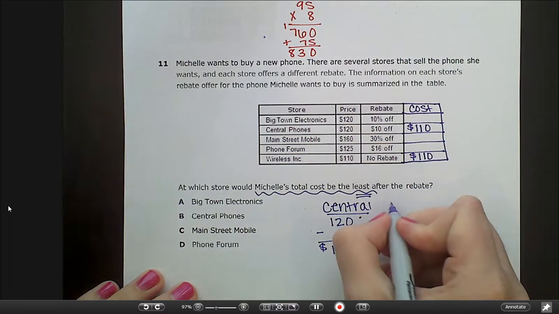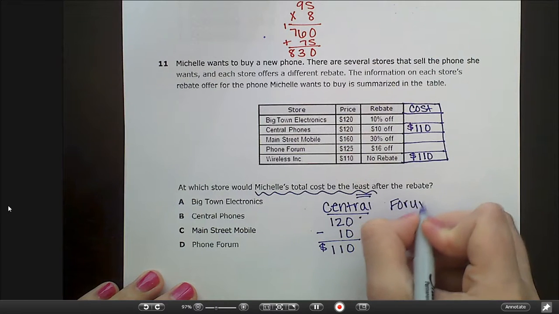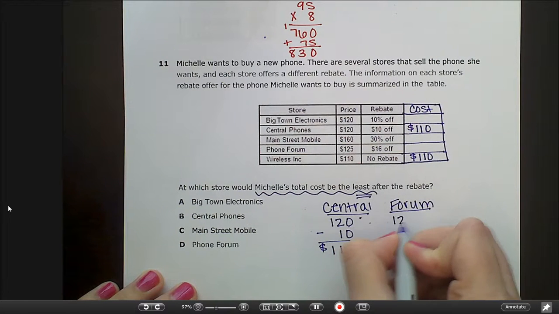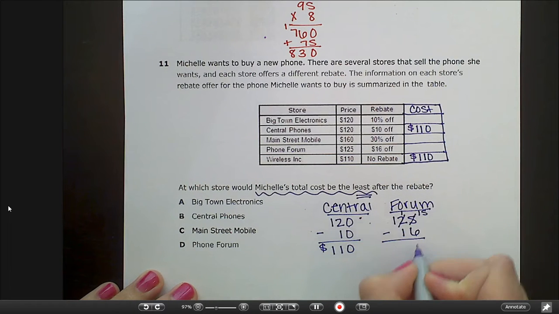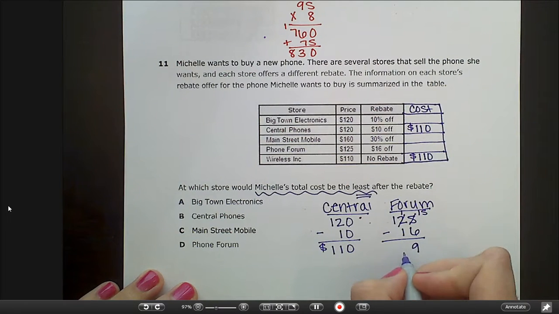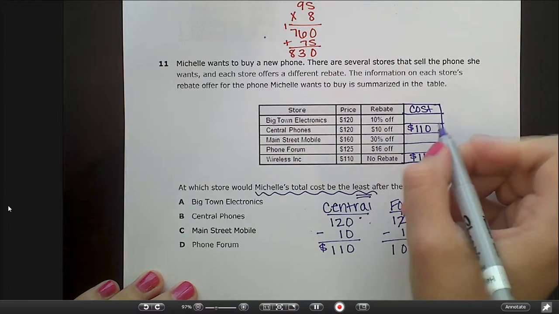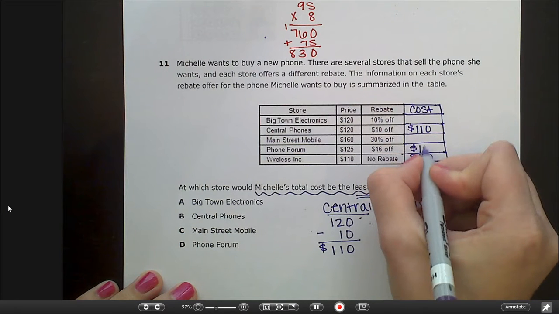Let's look at phone forum. $125 and $16 off. I need to borrow. So that's $109.